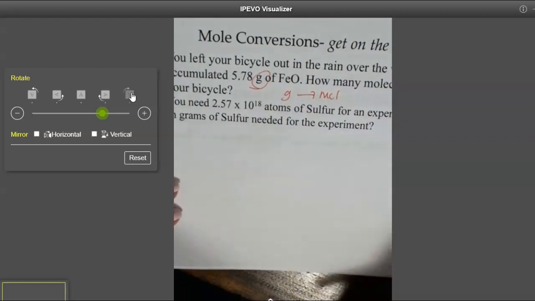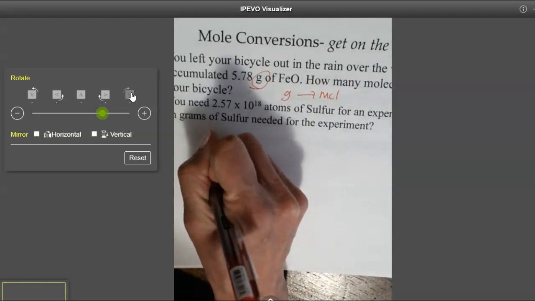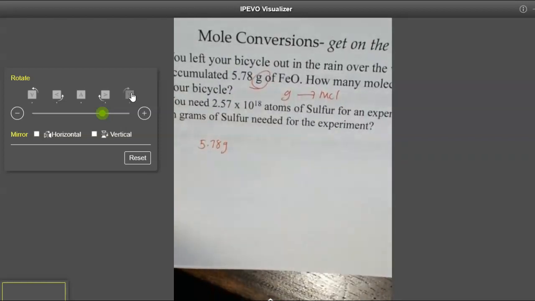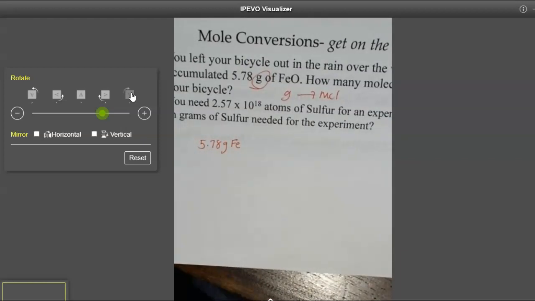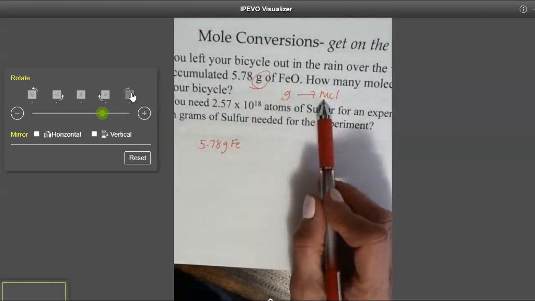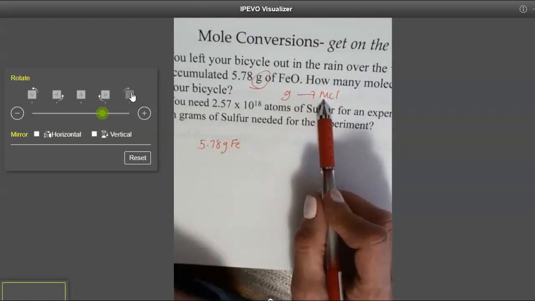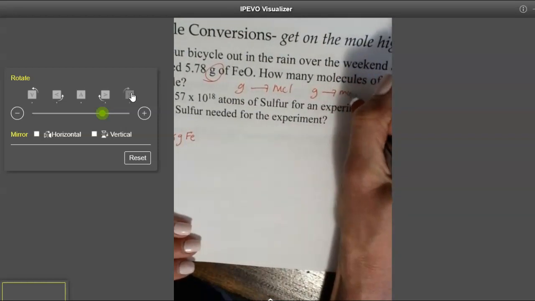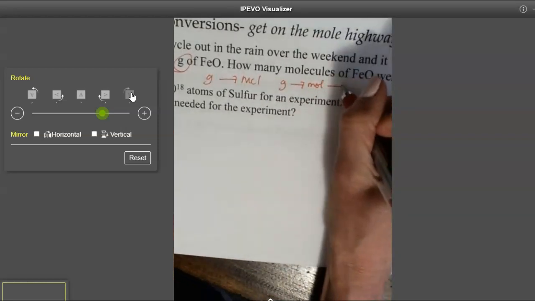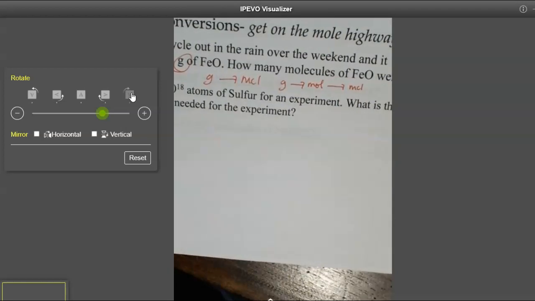So we're going to start with what we're given. So 5.78 grams of iron 2 oxide. Now, the only way to get from grams to molecules is we have to take a stop in mole city. So we actually have to go from mass to moles, and then moles to molecules. We say molecules because this is actually a molecule, or a unit, or a compound, but we wouldn't normally label something as compound.